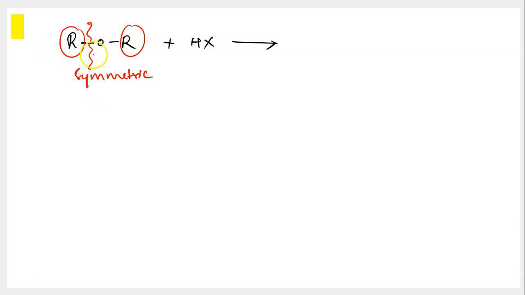Over here I'm breaking the bond between the first alkyl group and oxygen, because oxygen is more electronegative than the carbon atom of this alkyl group. Oxygen takes away the bond pair, and that's why oxygen will have the negative charge. Similarly, because carbon is less electronegative than oxygen, it takes a positive charge because it is losing the bond pair to oxygen.